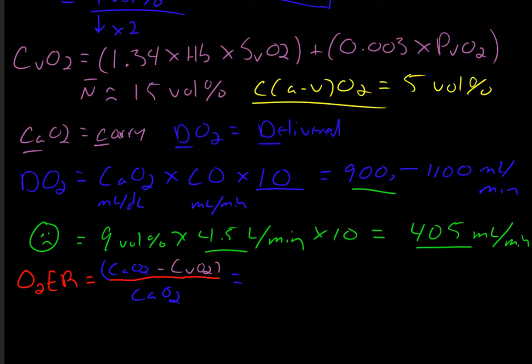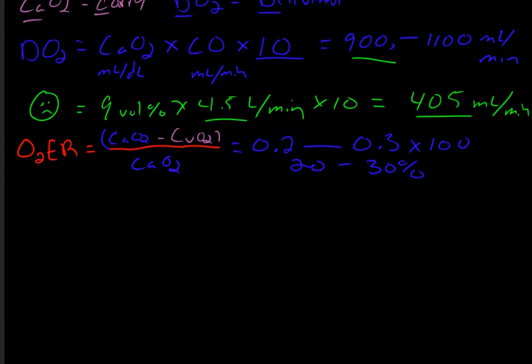This value normally is 0.2 to 0.3, and that's usually expressed as a percentage. So you can multiply that by 100, and you'll get 20 to 30%. That's telling us that we usually extract 20 to 30% of our delivered oxygen to our tissues in a normal metabolic state.